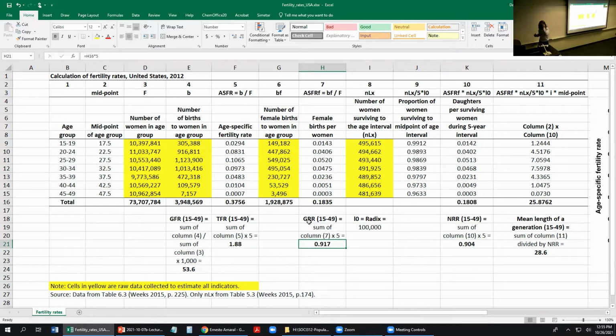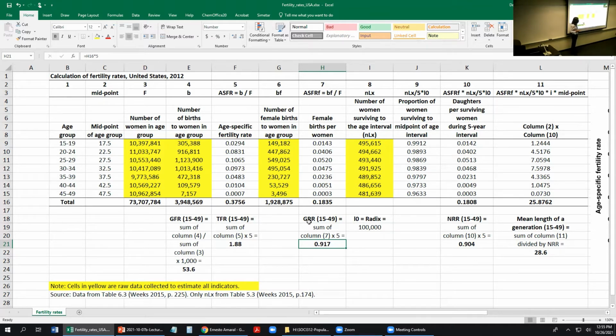Why do we put in the numerator in these reproduction rates and indicators only women? Because we want to know if the number of daughters born in a specific year will replace their mothers. So here we want to know if we have close to one daughter replacing the mother.